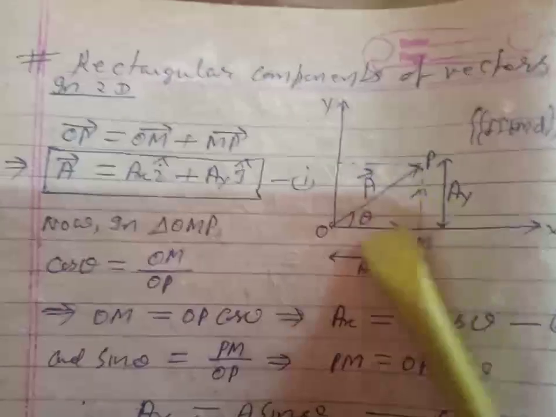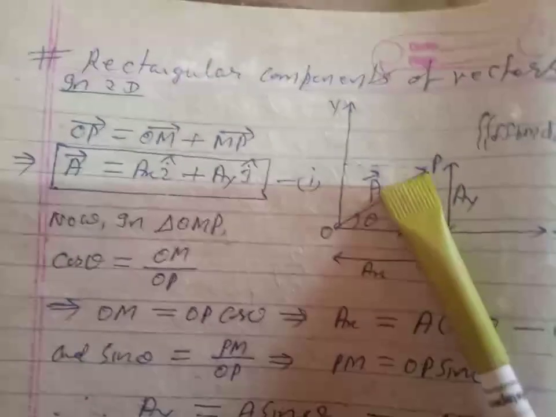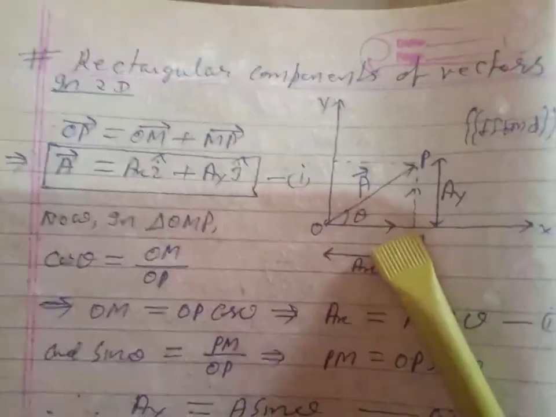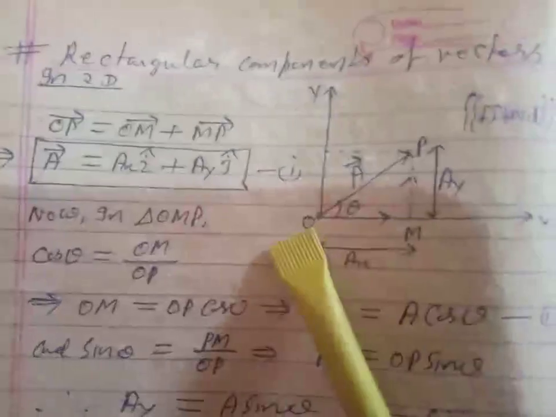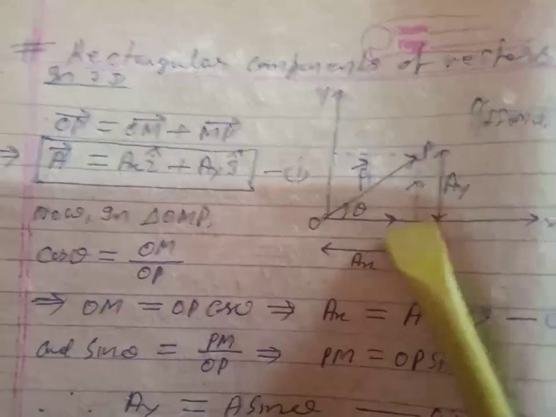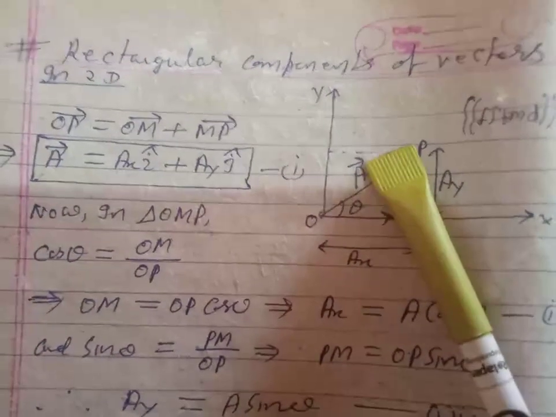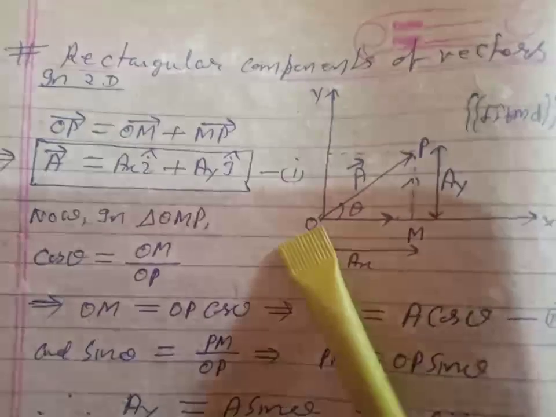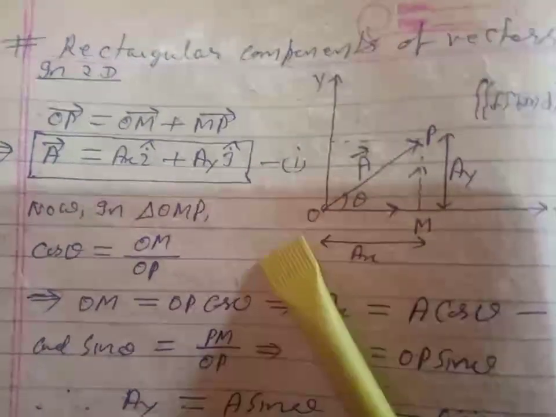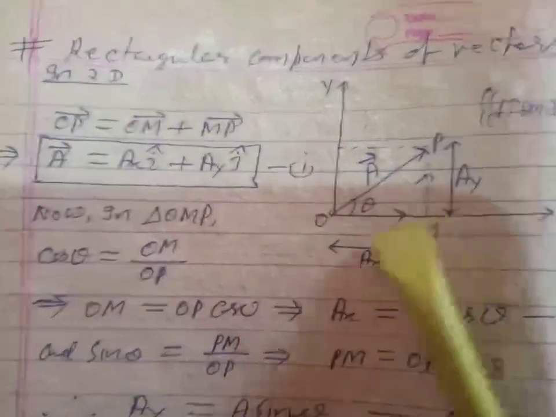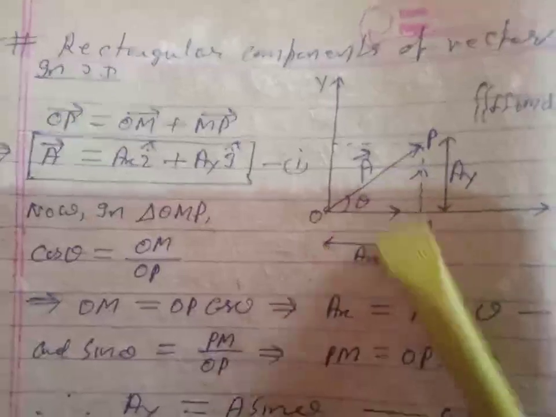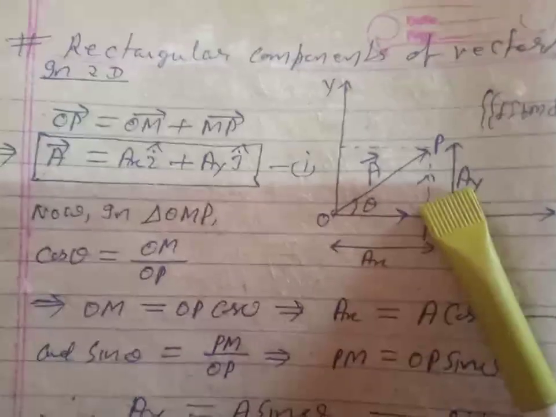For OP vector, we draw a perpendicular from P to the x-axis at M, then OM vector and MP vector. If we add OM vector and MP vector, this will give OP vector. Now consider OM vector has magnitude AX and MP vector has magnitude AY.